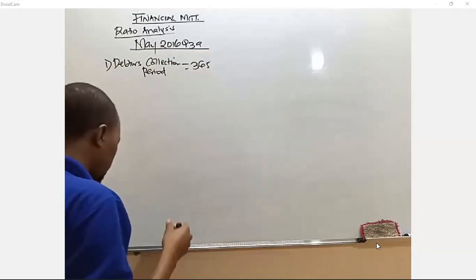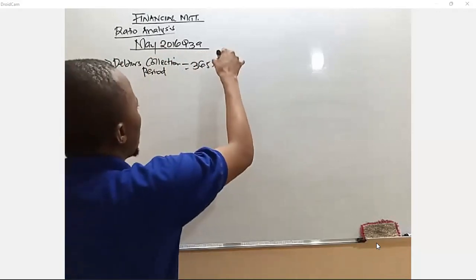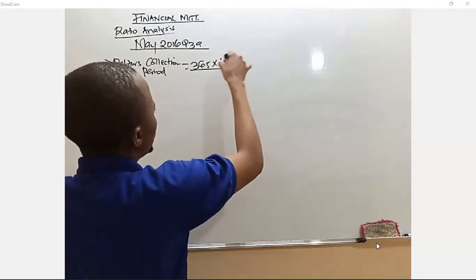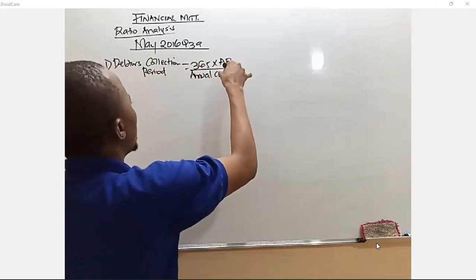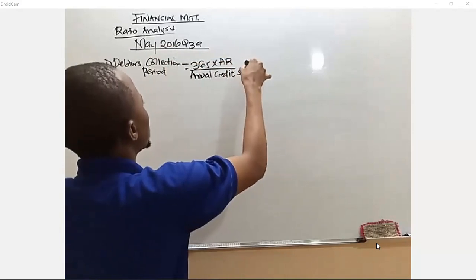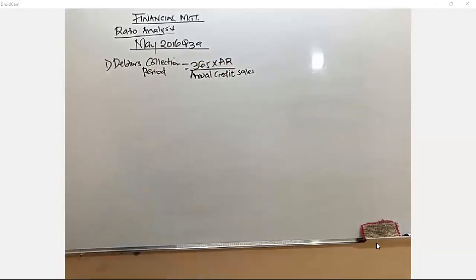I have seen the examiner giving it as days times average receivables, you divide it by the annual credit sales. Now, the debtors collection period as per the question is how much?